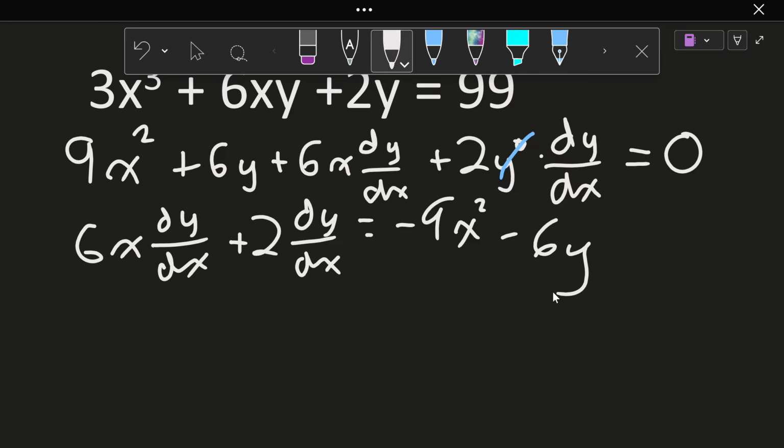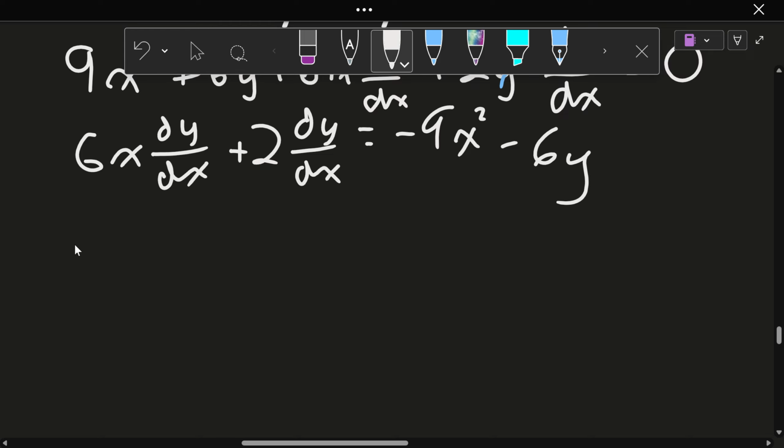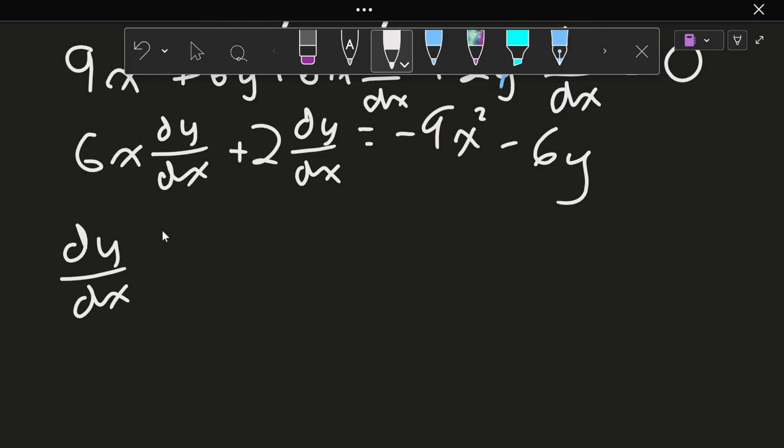Okay, so I can see a common factor on the left-hand side, which is that dy by dx. So let's factor out that dy by dx. And then what's left when I factor the dy by dx out? I could have a 6x there, and I could have a plus 2 there.